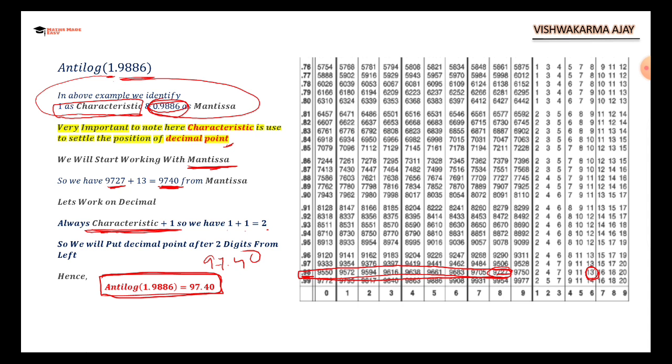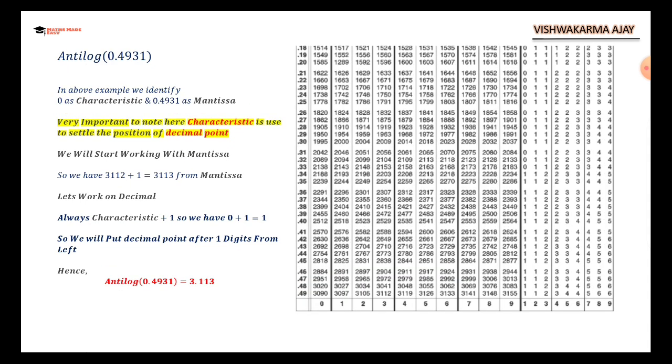Let's move on to the next one. Antilog of 0.4931. Here we have characteristic as 0 and mantissa as 4931. Remember again, the characteristic will help you decide where to put the point, and the mantissa is going to help you find the number.